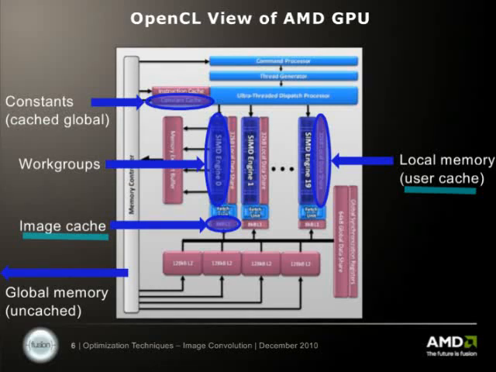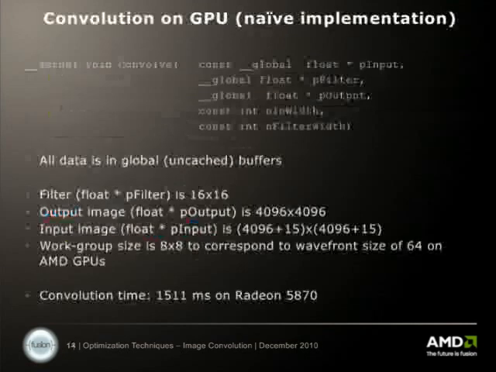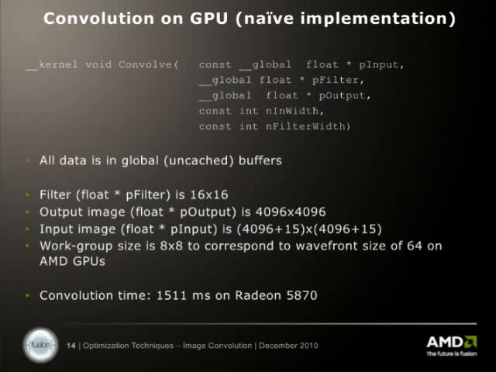Only 3 of those elements are new. So the whole idea is how we can reuse the data, and to reuse the data, we will have to reuse data from cache. Once the data is loaded onto cache, we'll try to reuse it as much as possible. So we'll explore both paths. We'll try to use the image cache using the OpenCL images route, and we'll try to use the user cache, which is using the OpenCL local memory route.